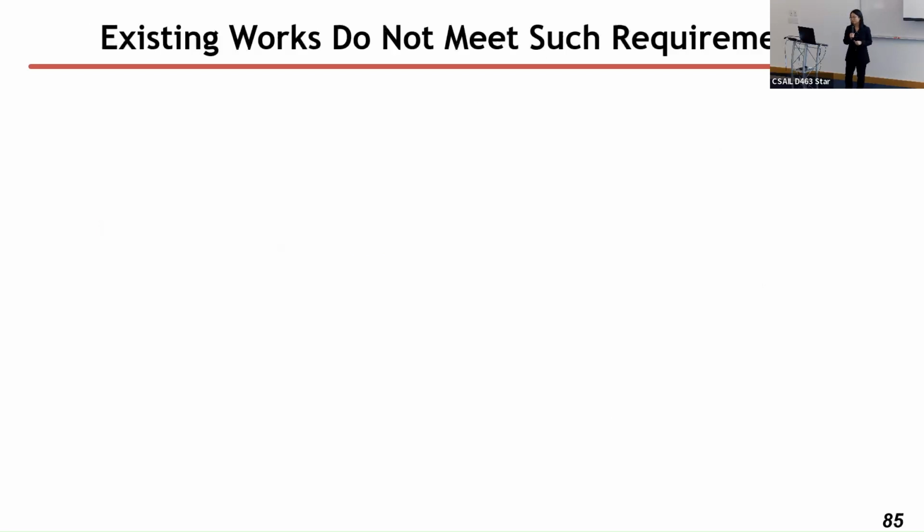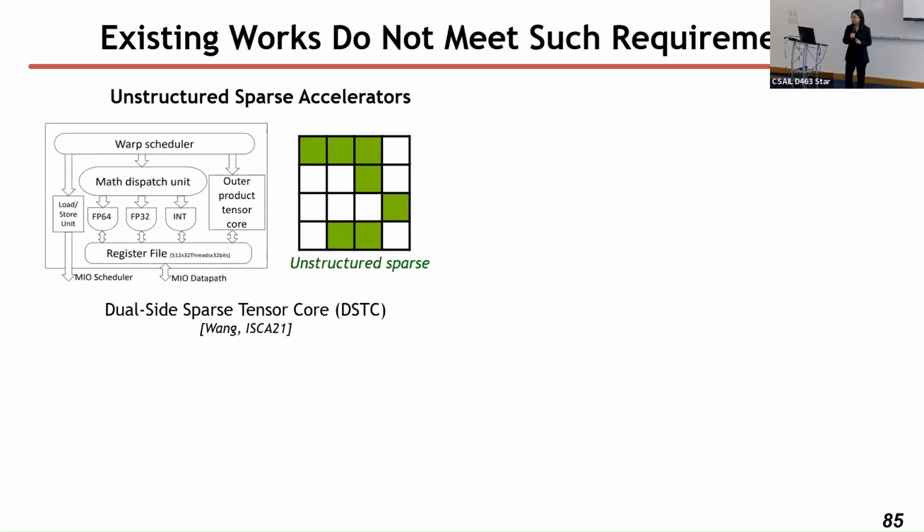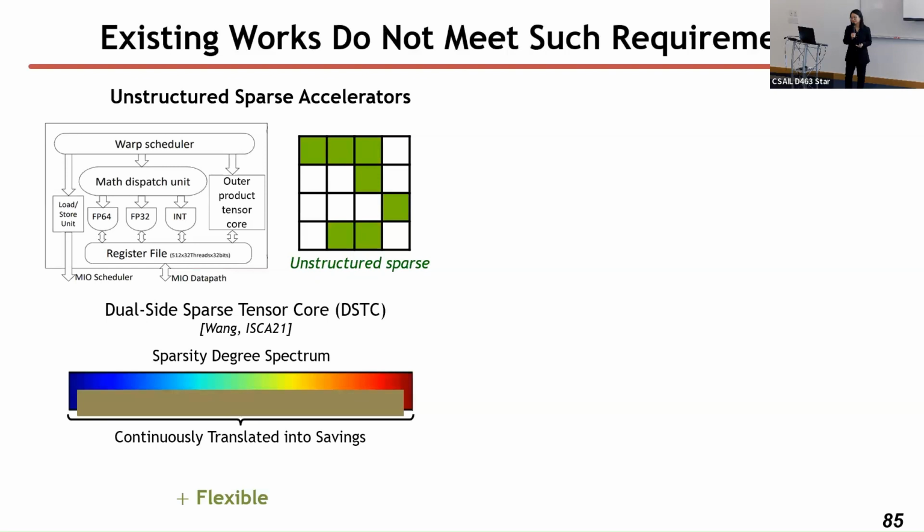So again, the question I want to ask is there any existing work that meet our requirements? One popular class of existing work is called unstructured sparse accelerators, which is able to accelerate DNNs with arbitrarily distributed non-zero values. And as a result, if we look at the related sparsity spectrum, it is very flexible because it can continuously translate sparsity into savings.